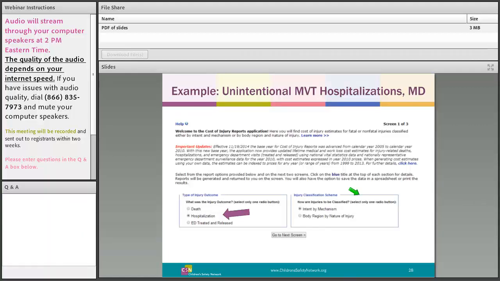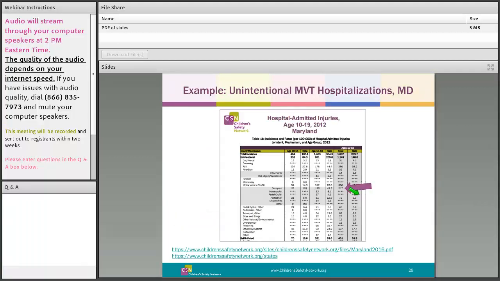So what we're going to do now is quickly walk through an example using hospitalization data and create a custom report based on our own data for the state of Maryland. Here again, in screen one, you select the level of treatment that you're interested in, and we've clicked hospitalization. We're continuing with our scheme of intent by mechanism or cause.